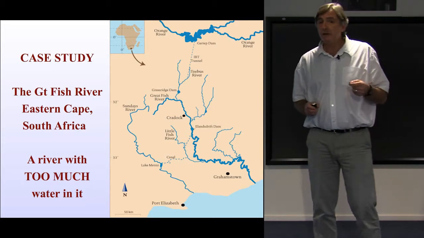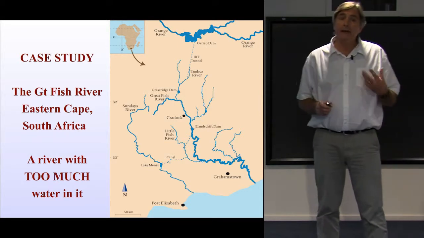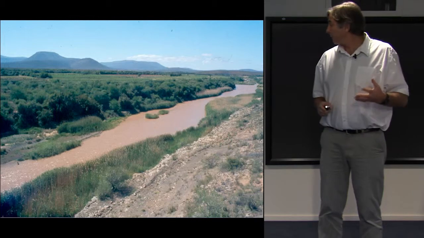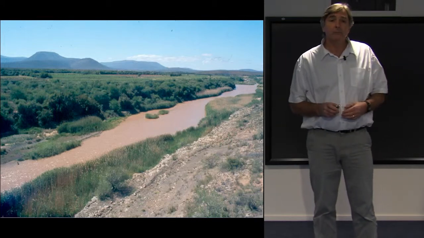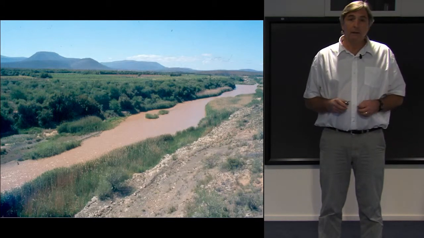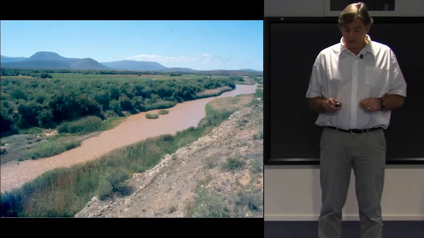But since the interbasin transfer from the Orange River, it now flows permanently. And this is what it looks like. The flow is very constant, 5 to 8 or 9 cubic meters per second the whole time.